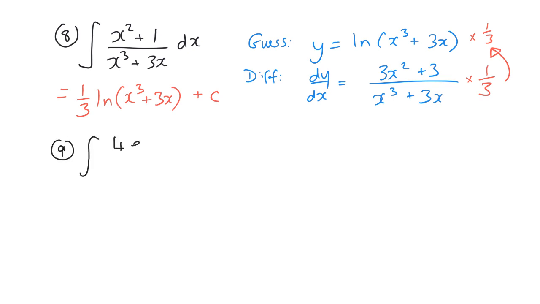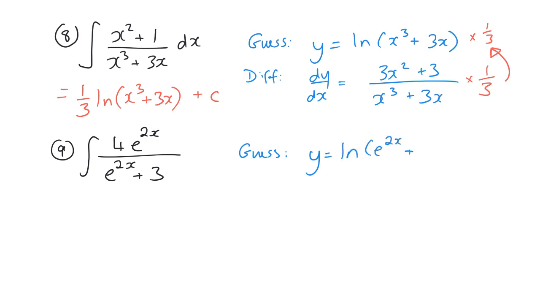Okay, and then just to make it a wee bit harder, you could throw in something like this, where you've got exponentials in it as well, but it's still a fraction, the top is still the differential of the bottom. So your guess is still going to be log. So it's going to be the log of what's on the bottom, the log of a to the power 2x plus 3.